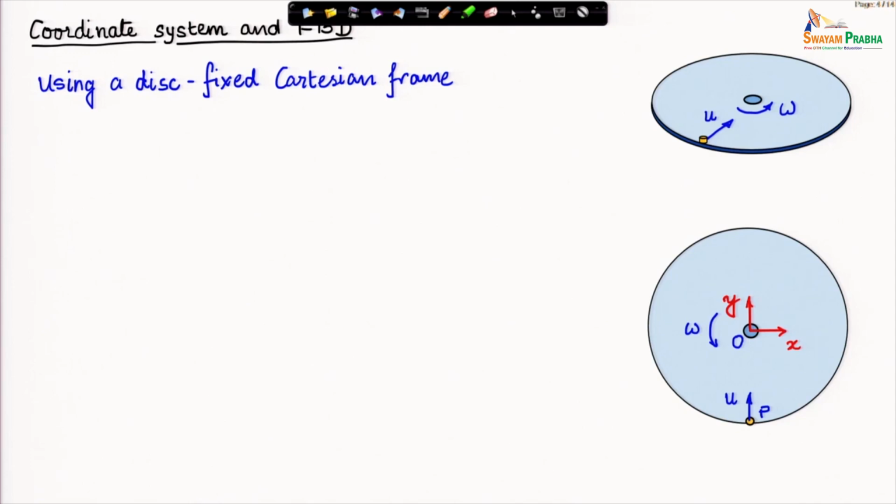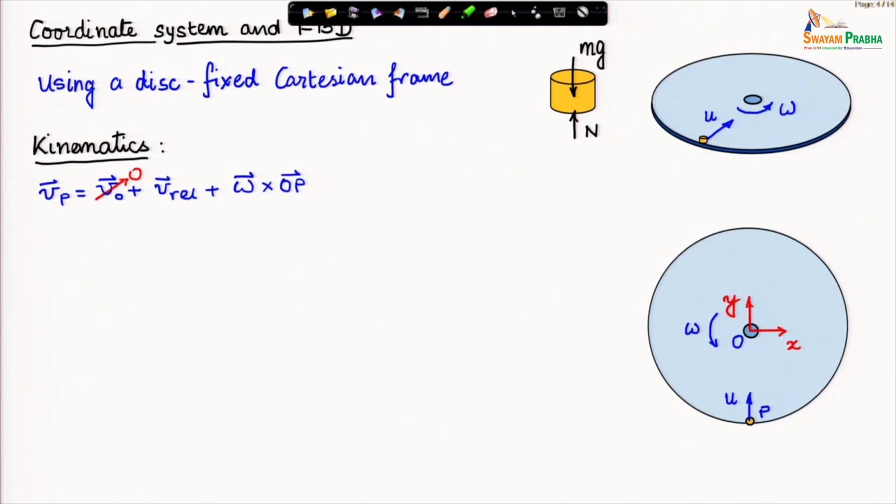And just for simplicity, I am considering that this particle P, or the cylinder P, was initially in the negative y axis direction as shown here, and projected along the positive y axis direction towards the center. So, this is our coordinate system. Then the free body diagram: the weight of the cylinder and the normal reaction from the disc are the only two forces acting on the cylinder. There is no friction in this case.